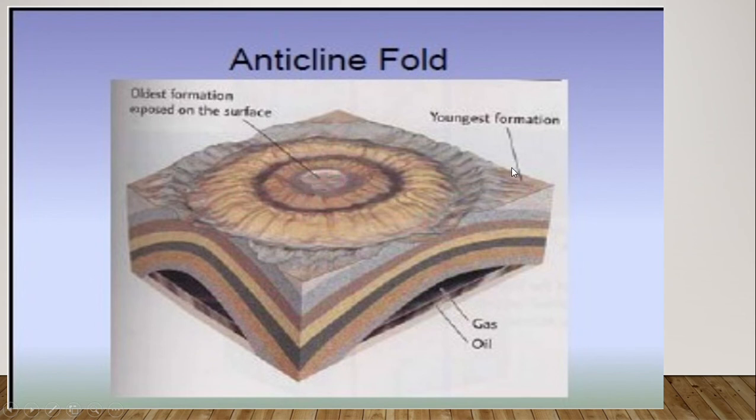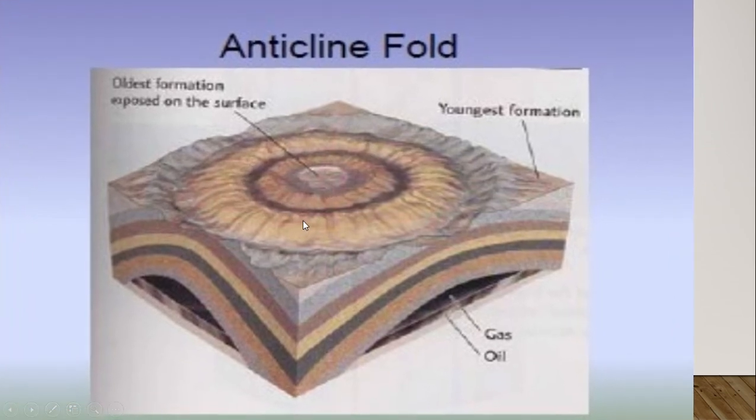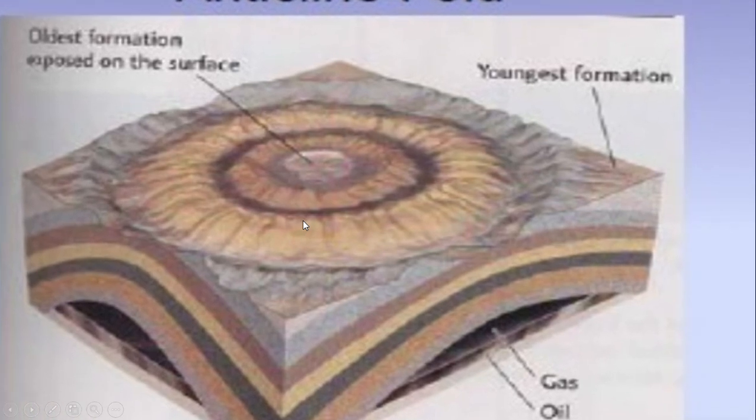This is the youngest formation, and this is composed of gas and oil. So this is an anticline fold. You can see here the oldest formation exposed on the surface.